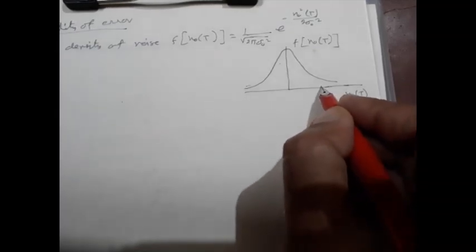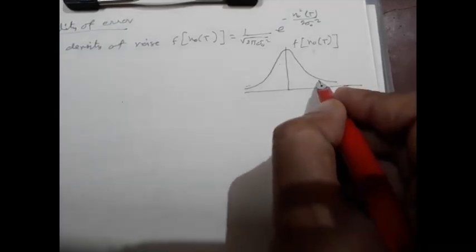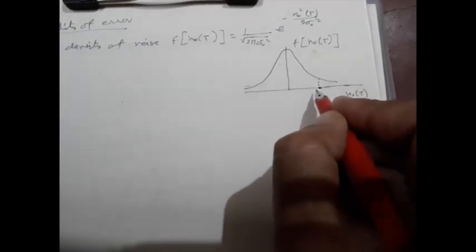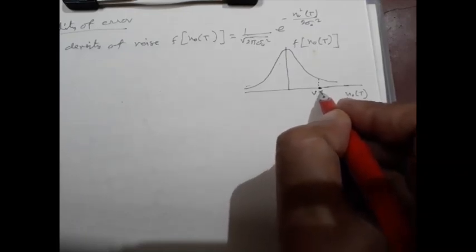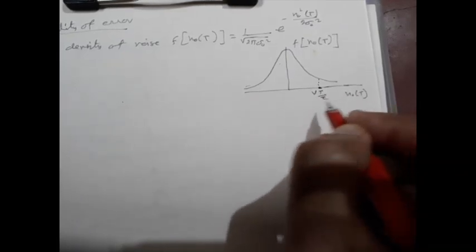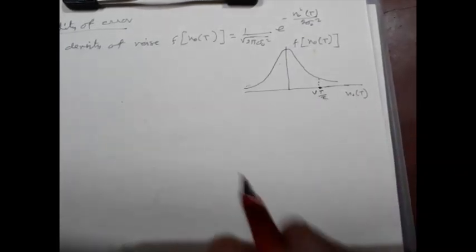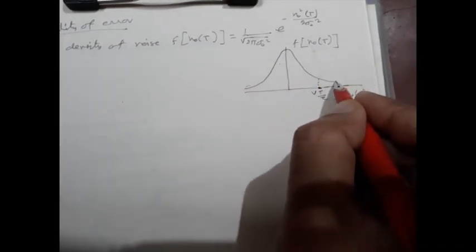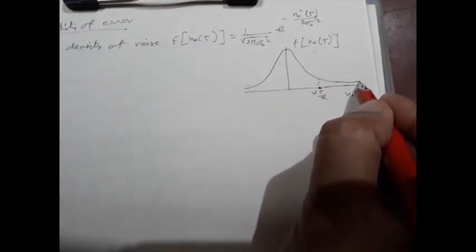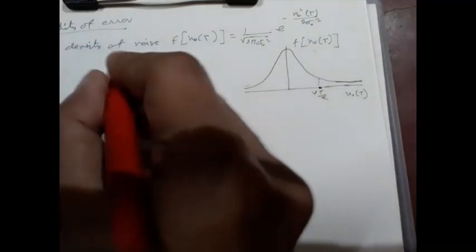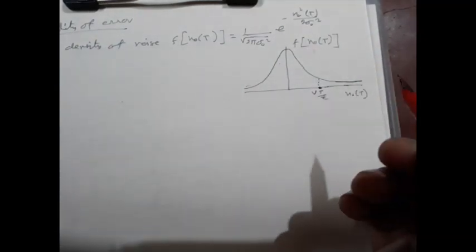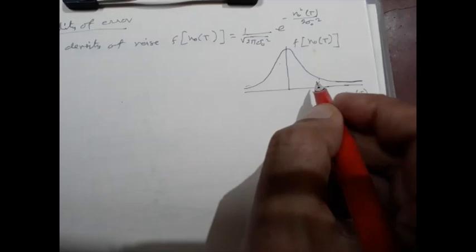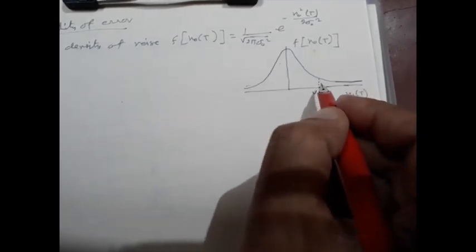And we set the threshold, say right here, VT by tau, that is the maximum signal value. Under this condition we will try to get the probability of error. Now when will the error occur?